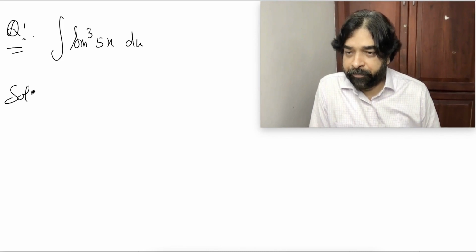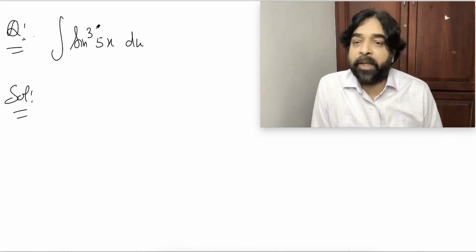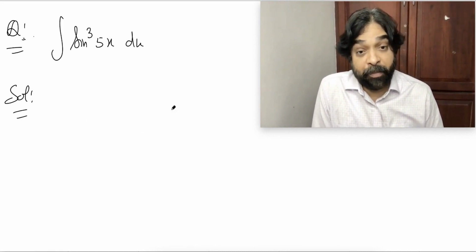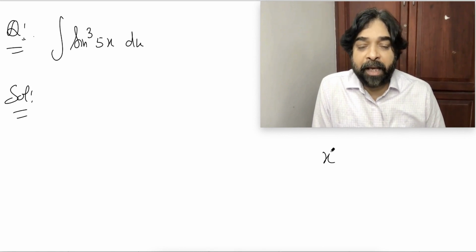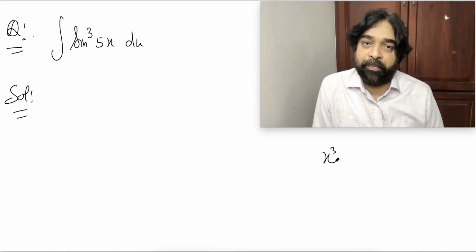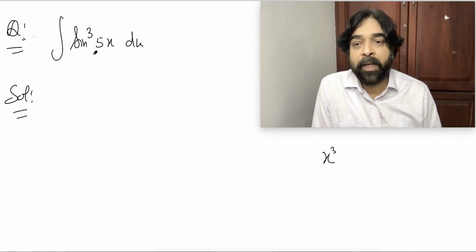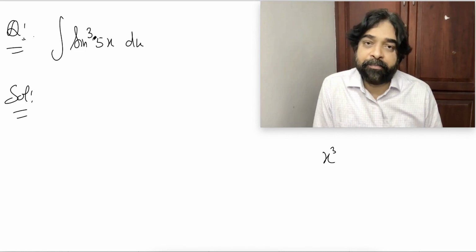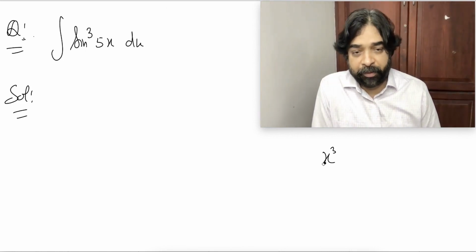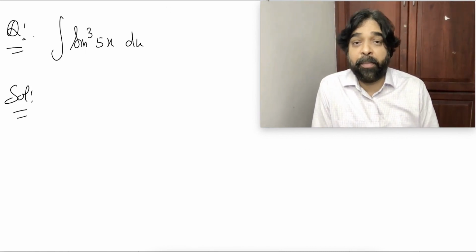Let me solve. Before solving, here power 3 is there. Remember, you cannot apply the x power 3 formula because this is not x, it's the sine. So what to do? We have to remove this power by using our trigonometry.